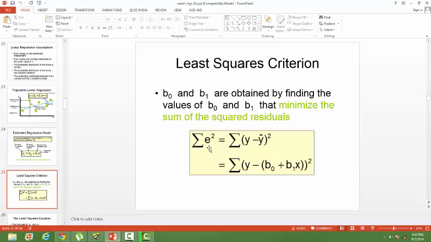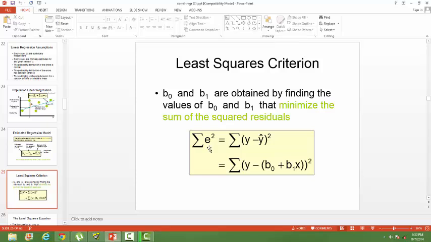Why do we square it? Why can't we take the error as it is? Because if you take the summation, it will become 0, so you won't have anything left. We square it for mathematical purposes, to ensure that the algorithm can run without issue. If you don't square it, it's going to be very problematic while doing the estimation.